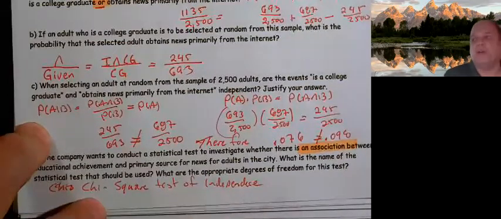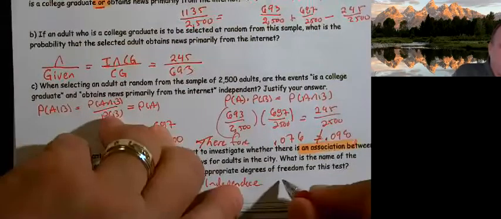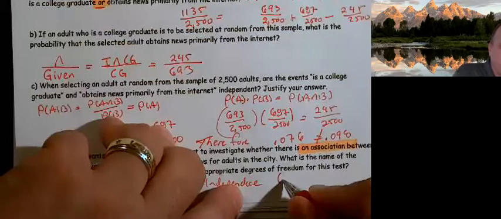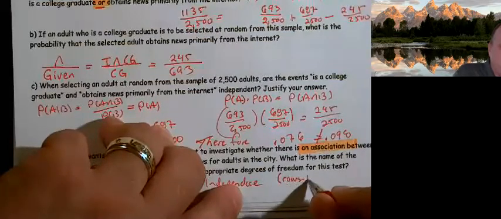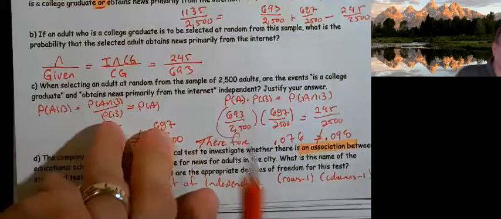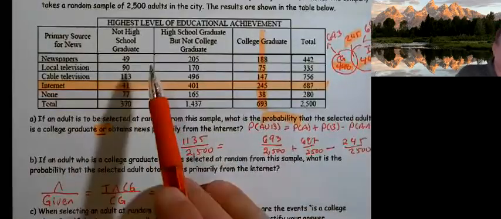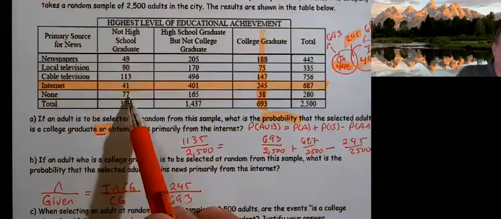What are the appropriate degrees of freedom for this test? Well, remember, for a chi-squared test of independence, it's rows minus 1 times columns minus 1. So looking up the table, we have 1, 2, 3, 4, 5 rows and 3 columns.